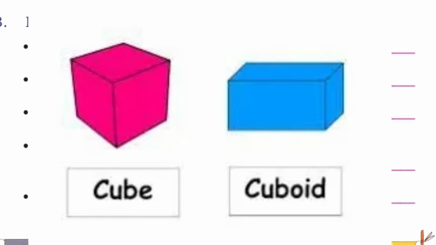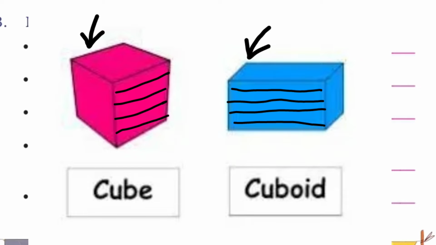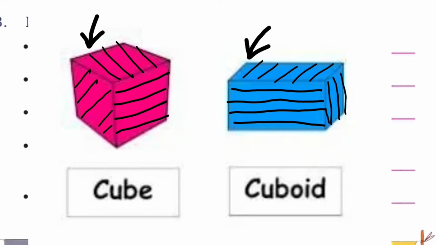Next we have cube and cuboid. We already know cube and cuboid have all sides with flat faces. The front, the back side, the top side and the bottom side, all the sides are flat in both cube and cuboid.